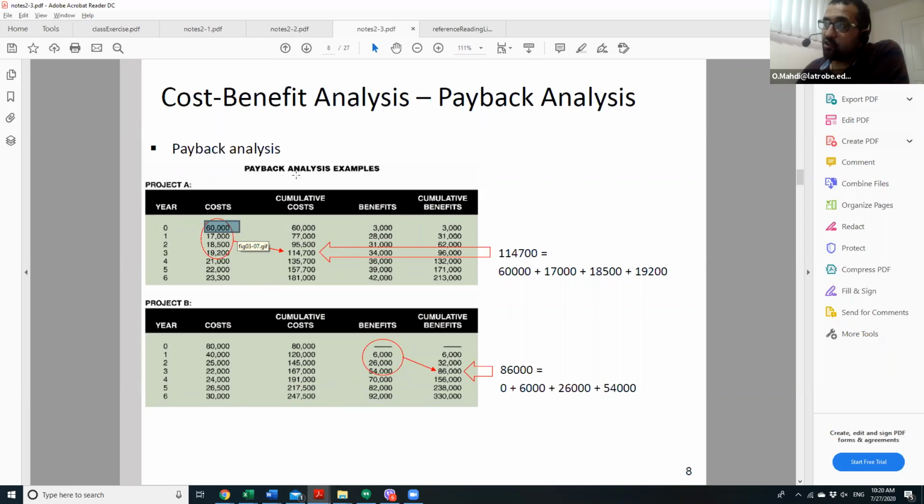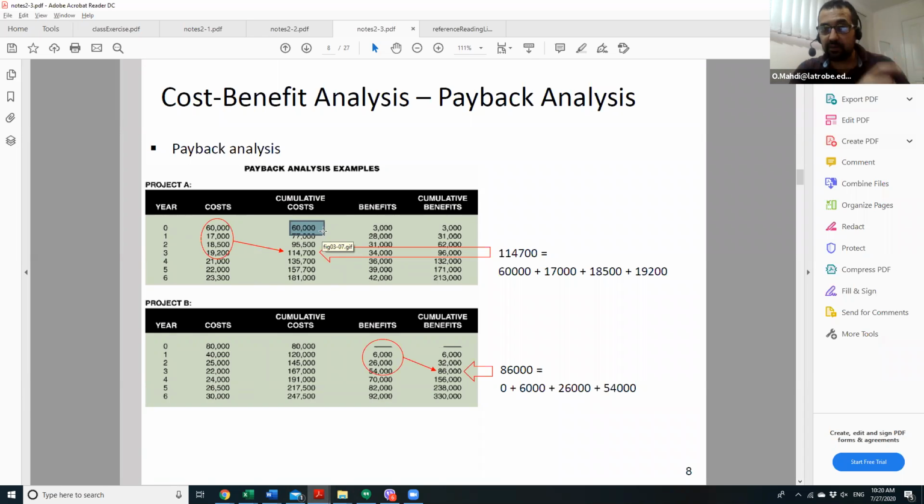So when we say cumulative cost, the initial cost of the first year is always exactly the same, because we don't have any cost from previous years. We don't have any cost from previous years, so it's always the same value.